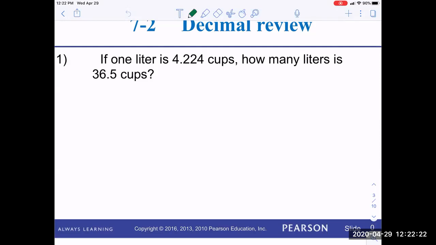And I hope when you look at this problem, you go, okay, 1 liter is 4.224 cups. How many liters is 36.5 cups? I hope you see a proportion here.